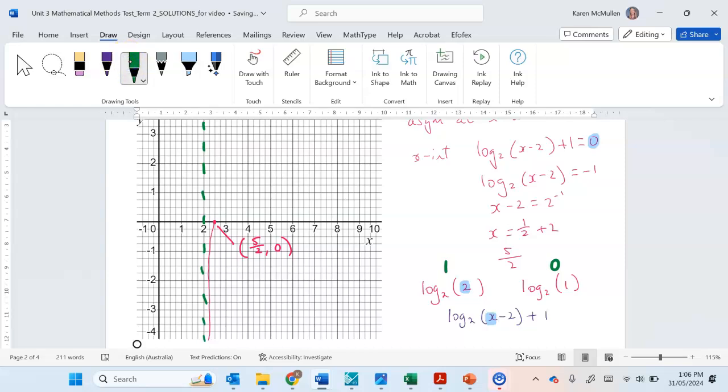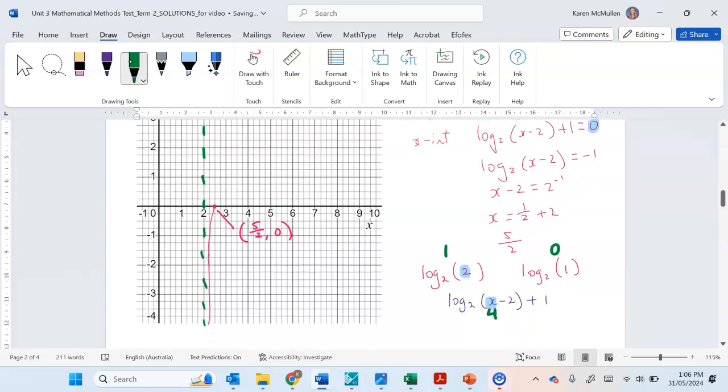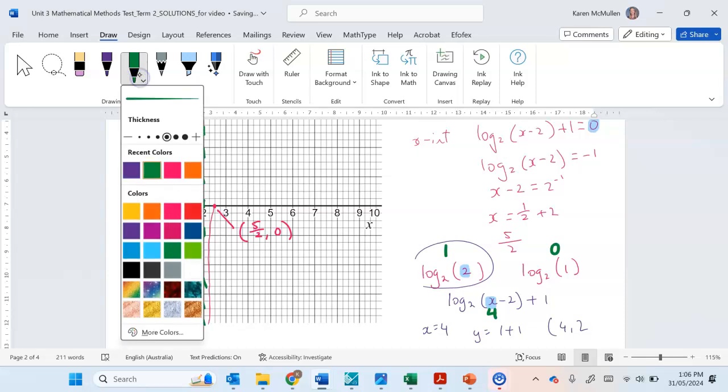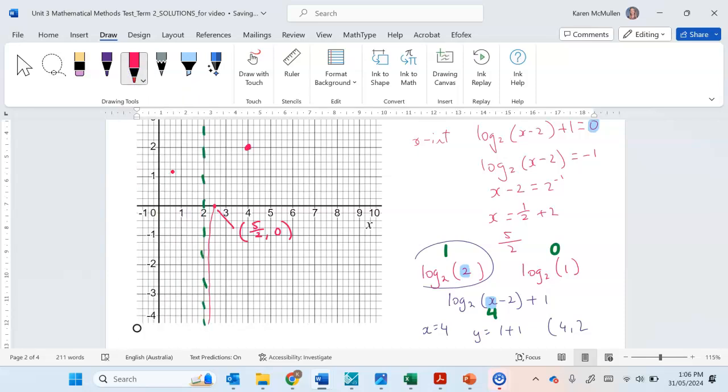I'm going to let x equal 4. So when x is equal to 4, we get y is equal to this plus 1. 4 minus 2 is 2, which gives us 1, so 1 plus 1. So we're going to have the point (4, 2). So I'm going to put that on my graph, which is up here.